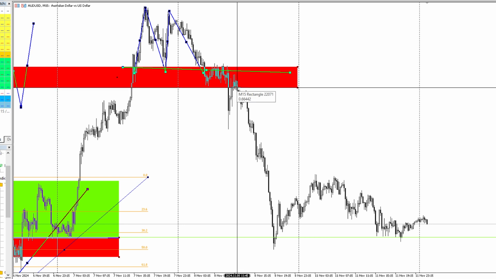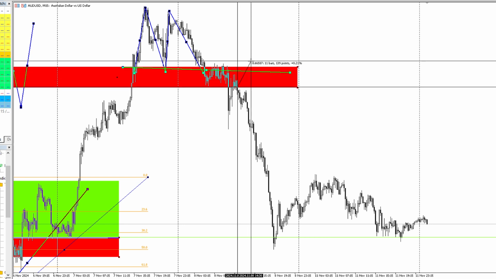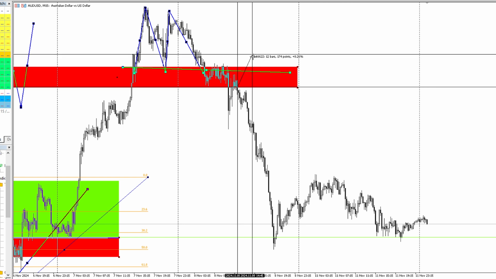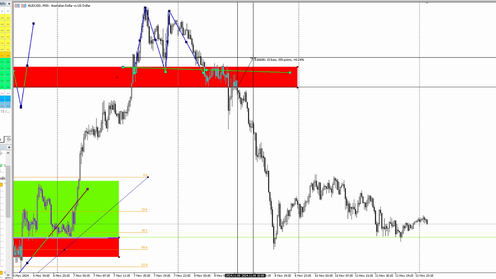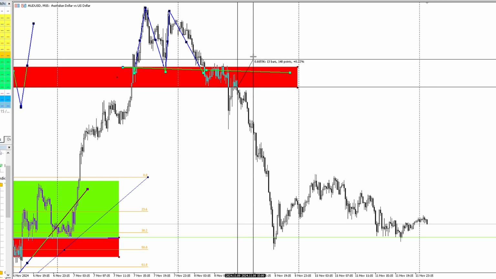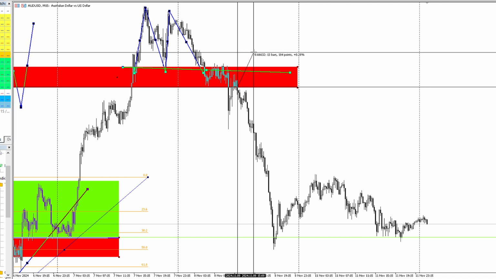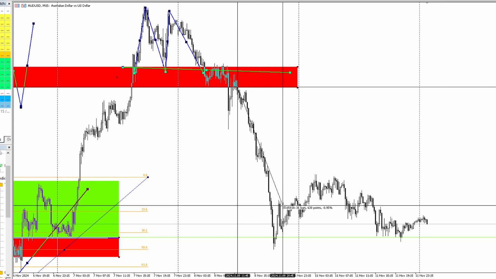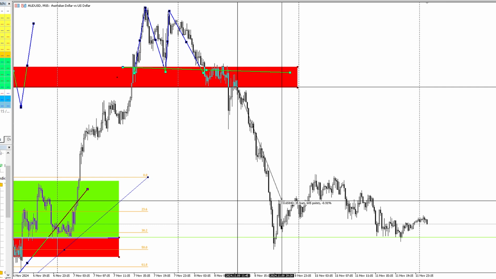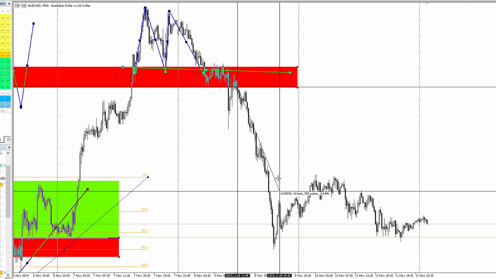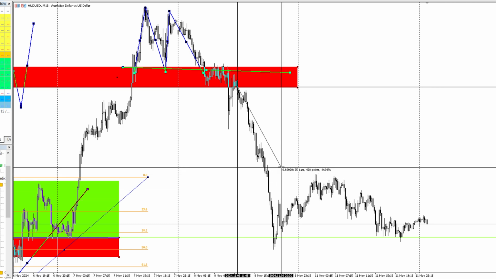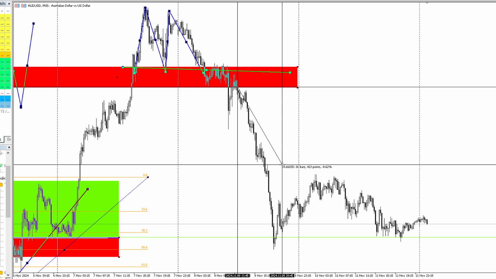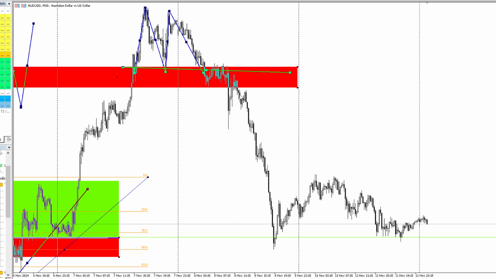See, your entry somewhere here, and 15 pips. Or even if you went in for 20, you could have gotten 1:3. See, 60, here we are, right? Or 1:2. See, there we go. You have to make your money, then you are out of the market. All right, so that is that.